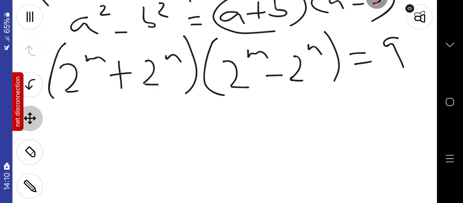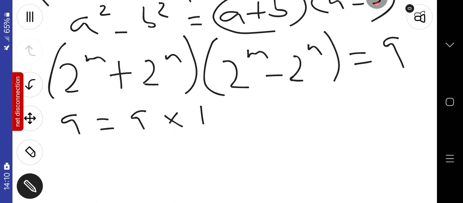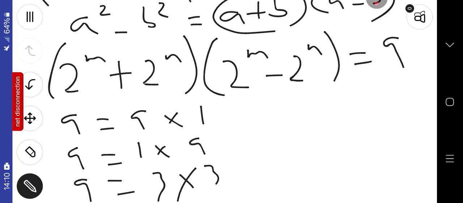Now here let's look for numbers that can multiply and give us 9. We know that 9 can be written as 9 times 1, as 1 times 9, and as 3 times 3.